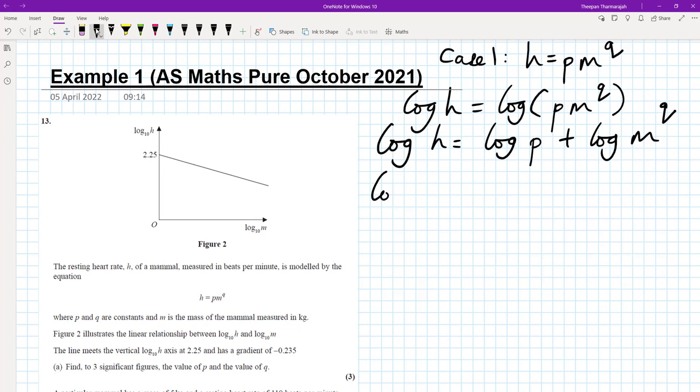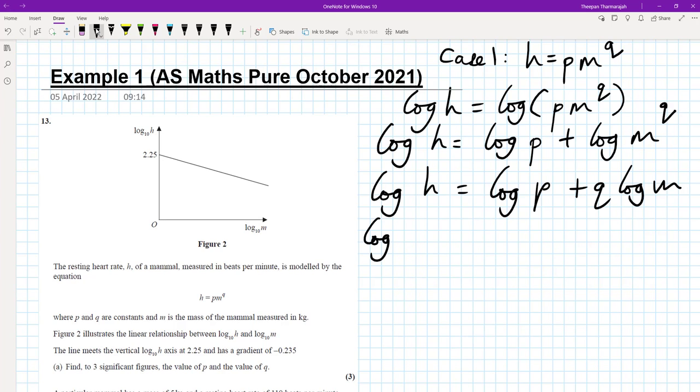So that's going to be log h equals log p. Now I can bring the q down, so that's q times log m. But remember, I want it in the form of y equals mx plus c, so I'm going to write it as log h is q times log m plus log p. Now, in our question, they've given us the gradient that q is minus 0.235.